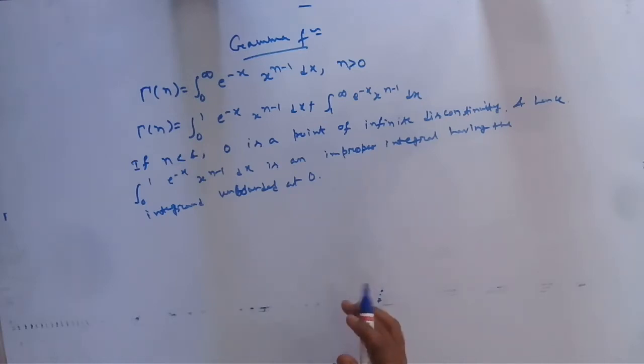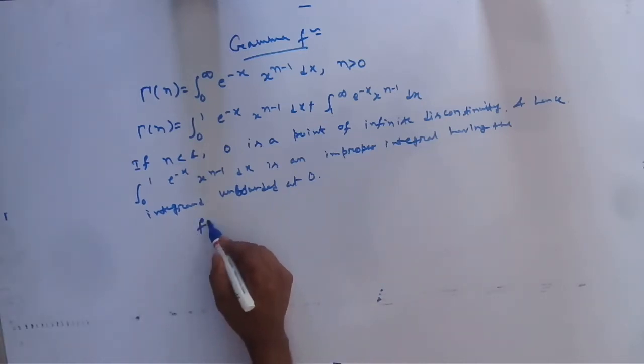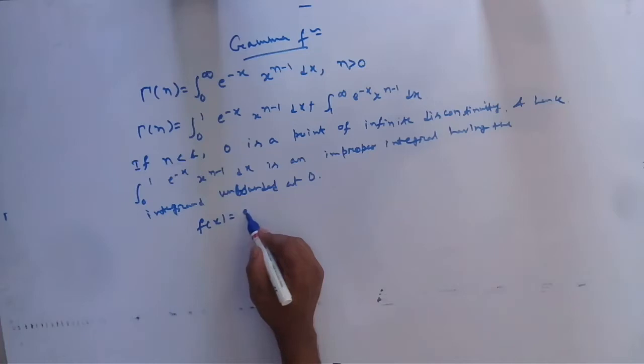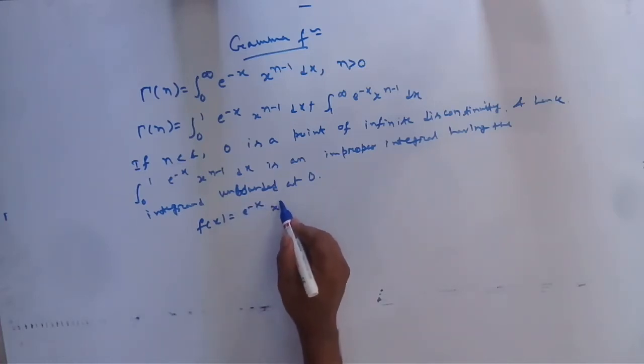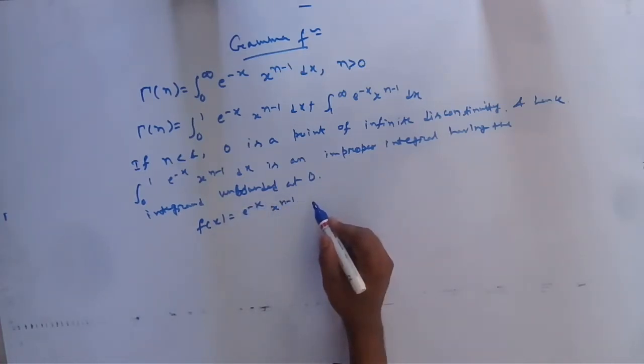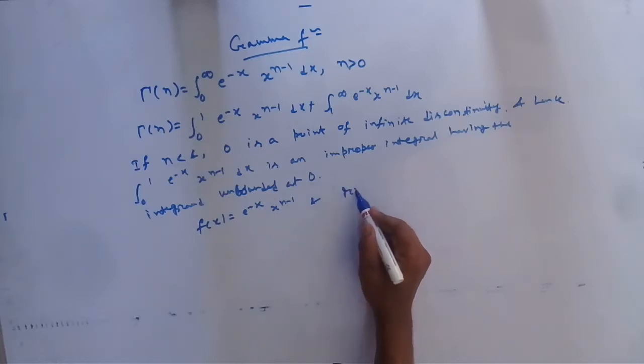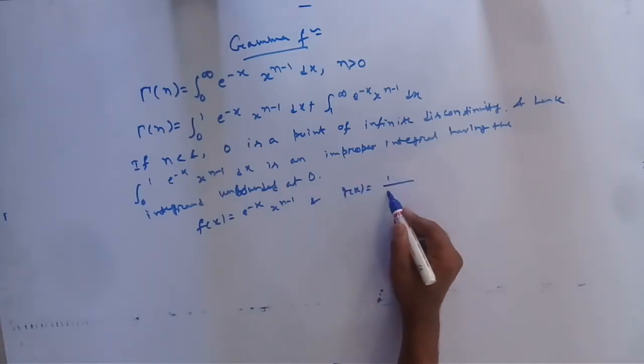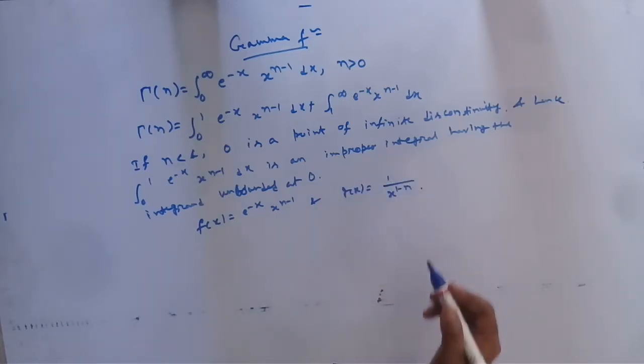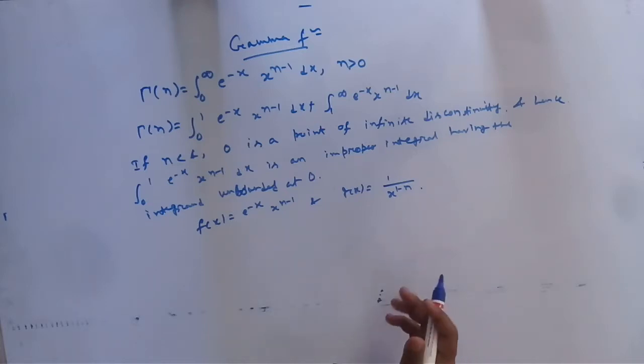So define f(x) as e to the power minus x, x to the power n minus 1, and g(x) equal to 1 by x to the power 1 minus n. Now we are testing the convergence at 0 when n is less than 1.